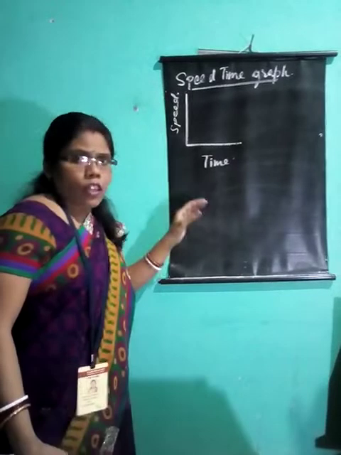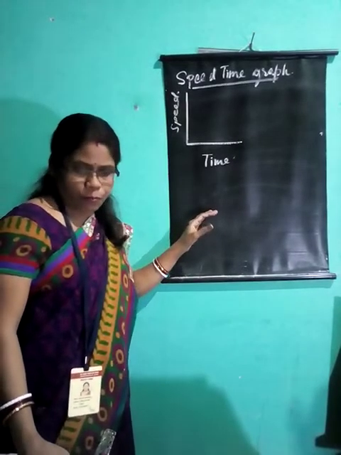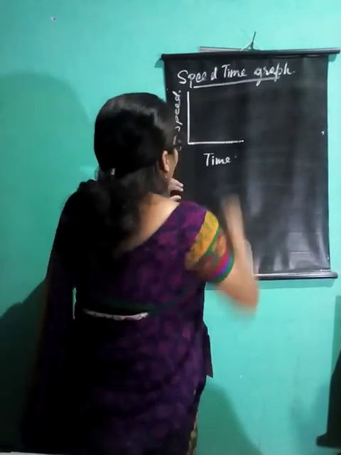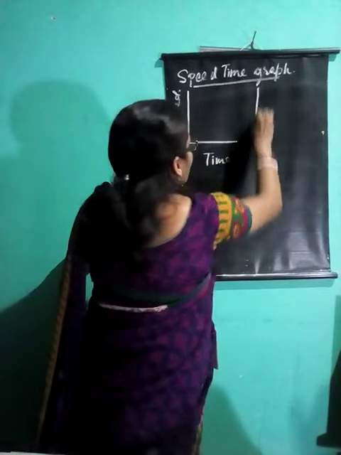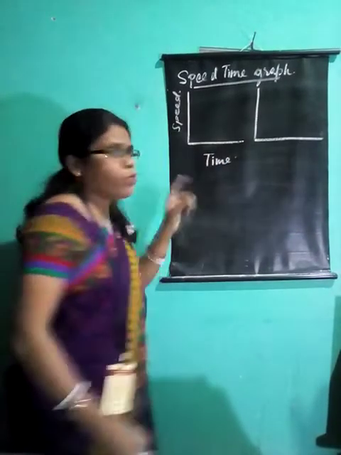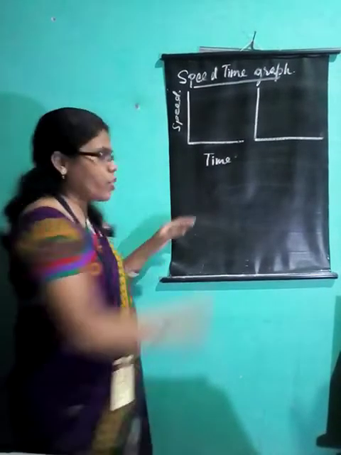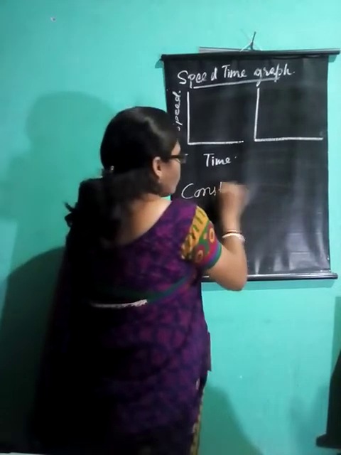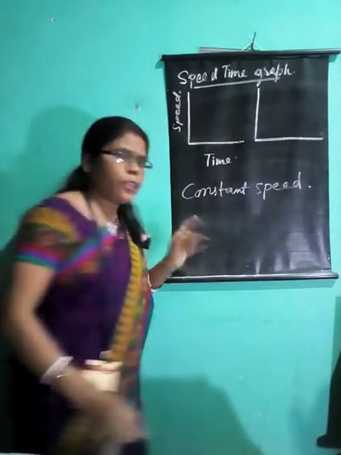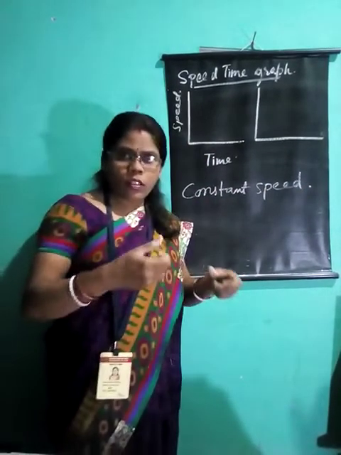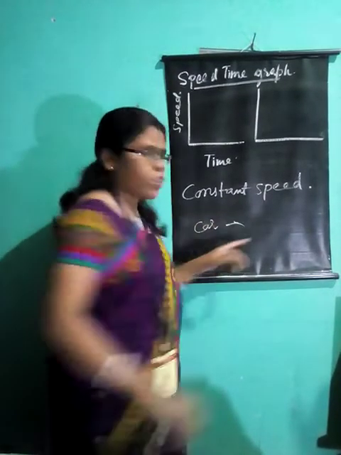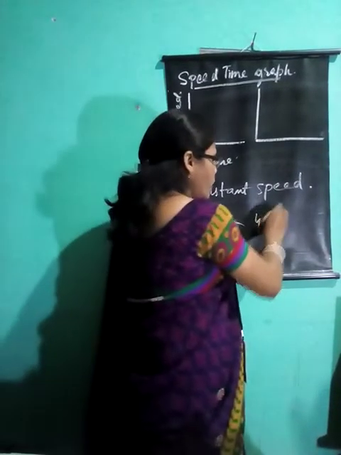Okay. Now first, when we are having a speed time graph, the first case is when we are having constant speed. Now what is constant speed? Constant speed means if a vehicle is moving, a car is moving, suppose, with a speed of 40 km per hour.